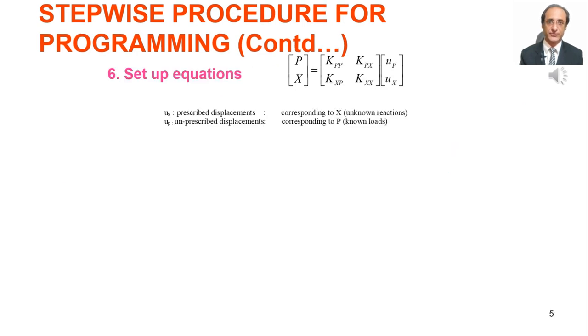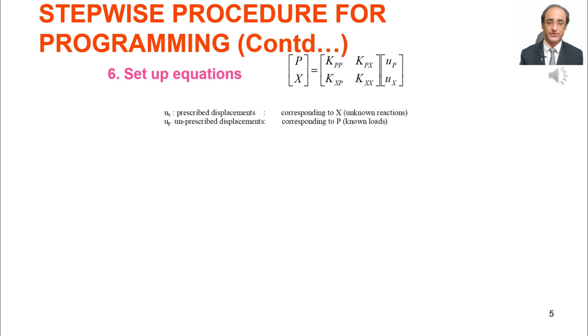So by now we have all information to set up our system of equations. The load vector has already been partitioned, and by the same number of rows we can partition our stiffness matrix also into KPP, KPX, KXP and KXX. From the point of view of the columns, the same size, KPP is a square matrix, so we can partition along the columns also in the same manner.